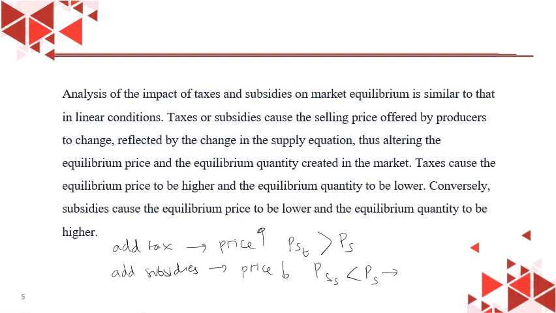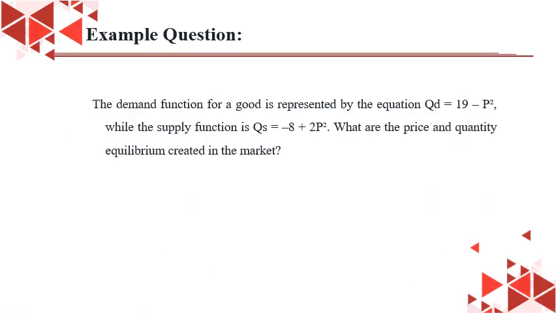Yeah, along with this one, the QS with the subsidies should be higher than the QS before. And this one, QS with tax, yeah, I forgot to mention this one. When the tax is added, then the price is going to be higher, and the quantity itself will be lower than before. Okay, now let's go to the example.